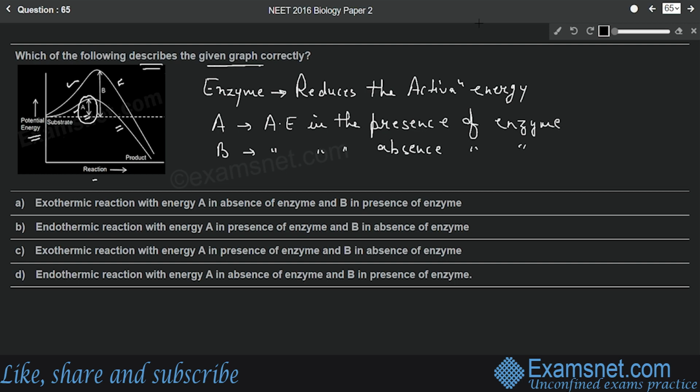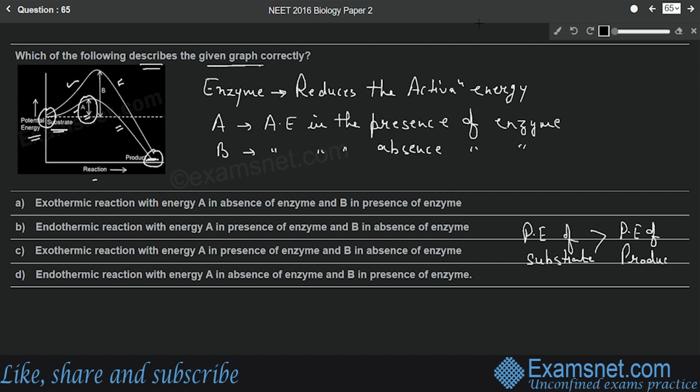Now we can see that the substrate has a higher potential energy, because on the y-axis potential energy is shown, and the product has a very low potential energy, right? So the potential energy of substrate is higher than the potential energy of product.